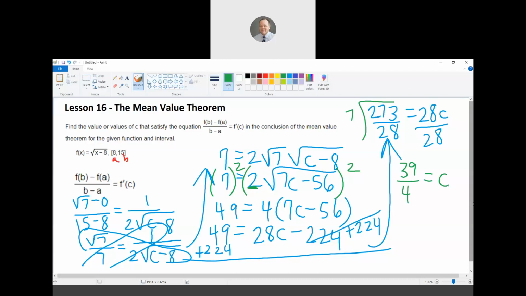Now, we need to check and see if C is between 8 and 15. So 39 divided by 4 is 9.75. So this value for C will indeed, because it's between 8 and 15, satisfy the mean value theorem.